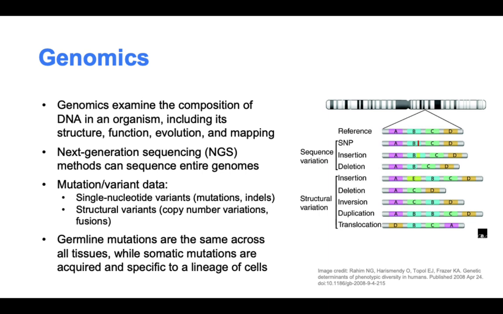Okay, so we're going to walk through some of these different omics from the bottom up. So the first one is genomics, which broadly speaking looks at the complete set of DNA in an organism, including not just its structure and its function, but also maybe how it evolves and relates to other organisms over time. And out of all the omics, genomics has definitely been around for the longest.